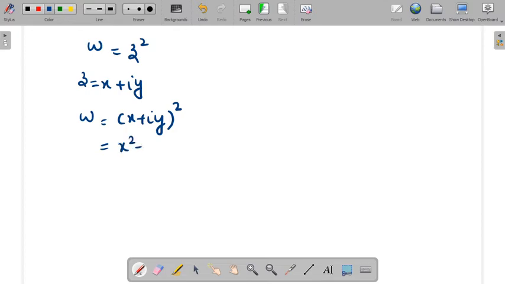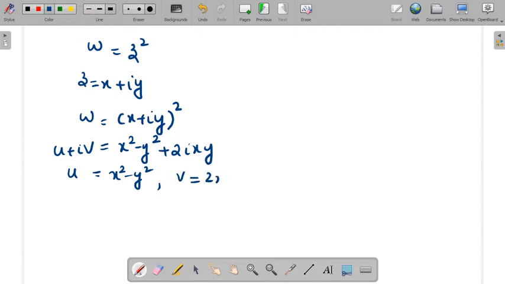This is equal to x square minus y square plus 2ixy. And this w we write as u plus iv. u is a function of x and y, v is a function of x and y. So comparing either side of this equation, we get u equal to x square minus y square and v equal to 2xy.